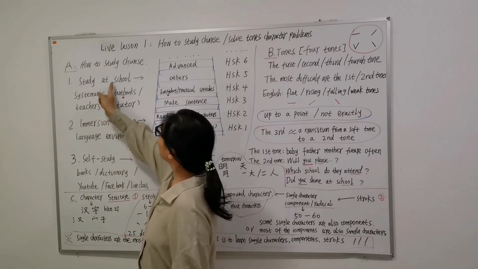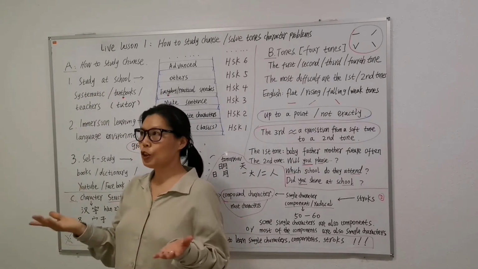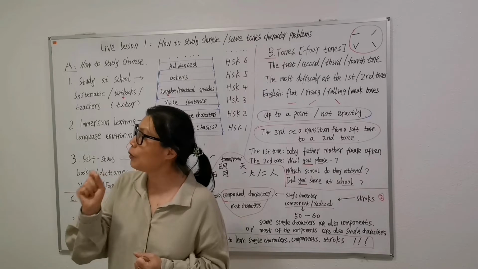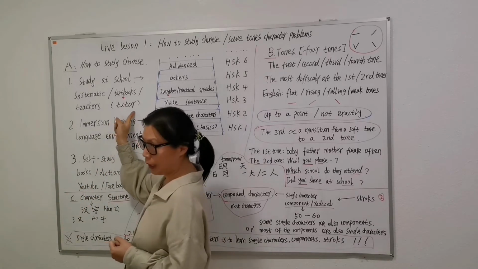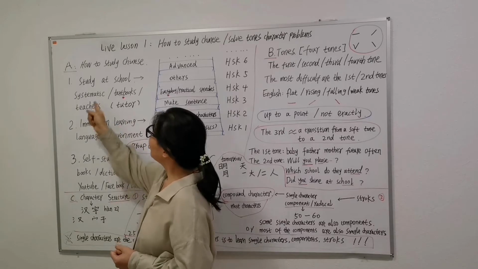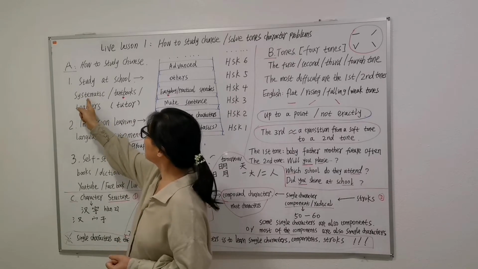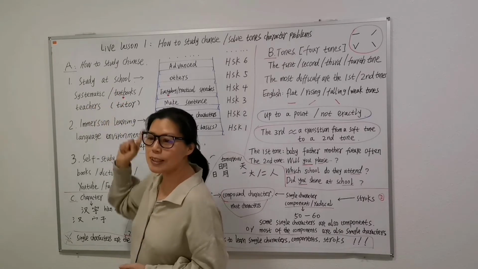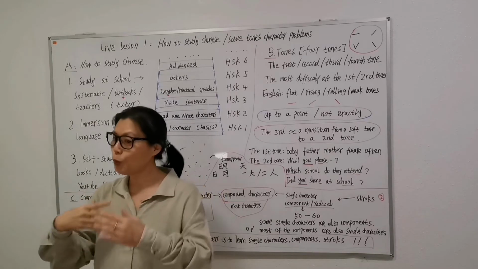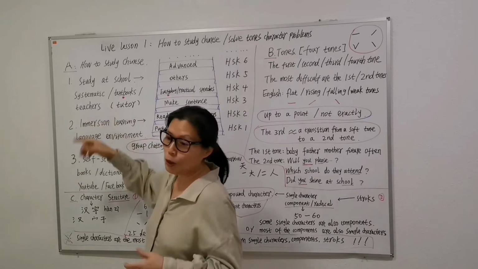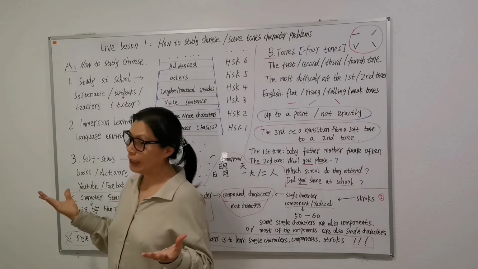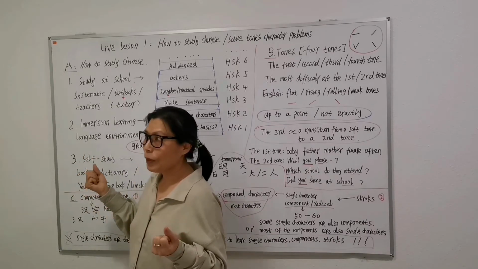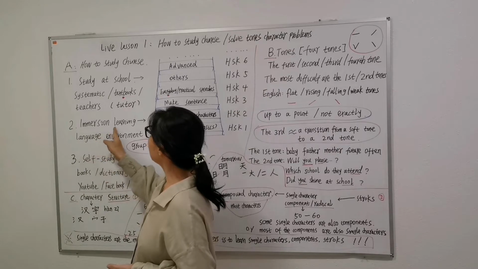If you study at school, such as go to Confucius Institute or go to university, or you just have a private tutor, that means you study in a systematic way. You have textbooks, teachers teach you face to face. That's easy. You don't need to think how to study. You just follow the teacher's design. It's easy.